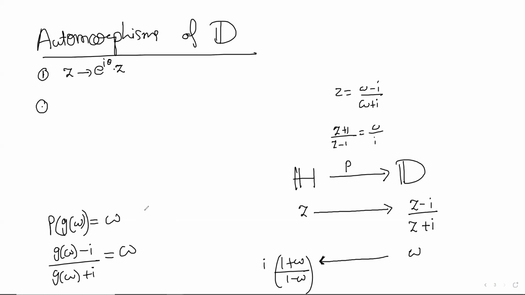From here we find G(w). We took a long time. So it should be w plus 1 over w minus 1, right? That's what I'm getting.